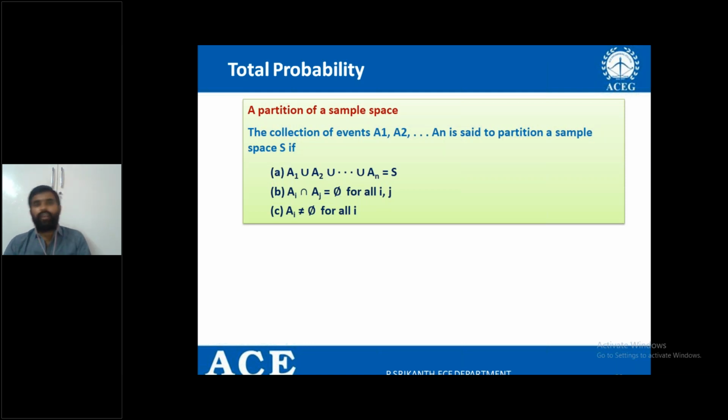Then ultimately we need to take the probability of that particular student coming to the college on time, which depends on all the events. There you are supposed to take the total probability by taking the conditional probabilities of A on B1, A on B2, A on B3, right?